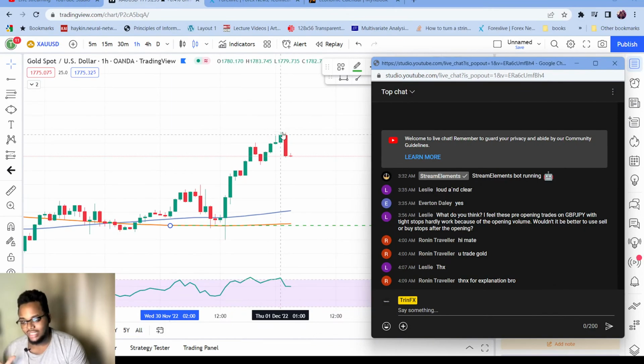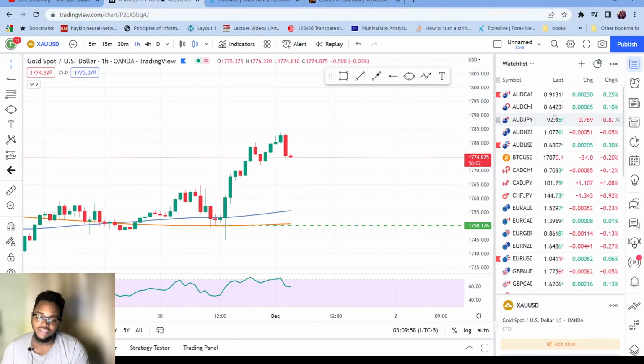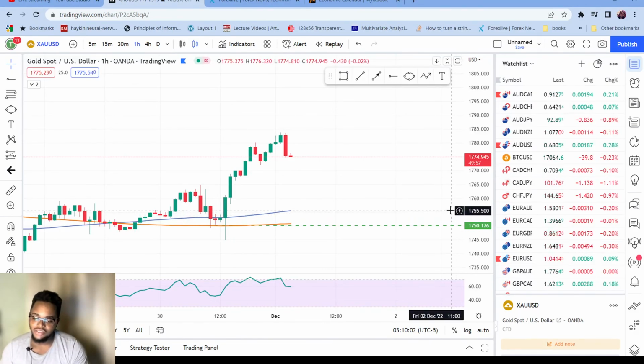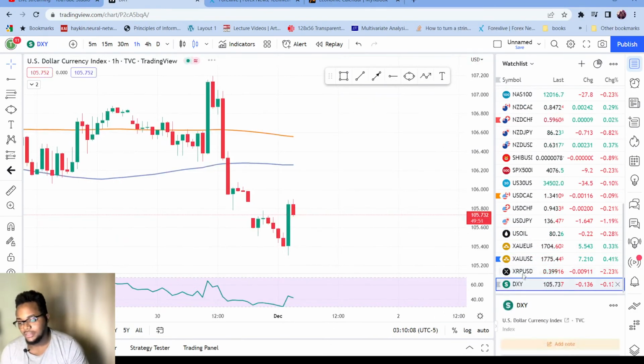So I just choose to stay away from it. But if it's a pair that you like, something that makes you money, then by all means go for it, right? But with all these other currency pairs that we do have, gold seems a little unnecessary. So that's just me personally.